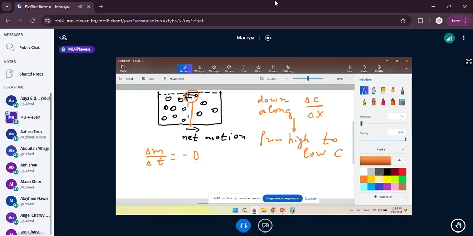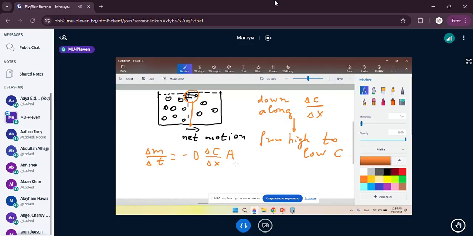That's why the rate of mass transfer is proportional. So I'm writing the coefficient of proportionality, capital D, which is called the coefficient of diffusion. Then it is directly proportional to the concentration gradient and the cross-sectional area through which the transfer occurs.